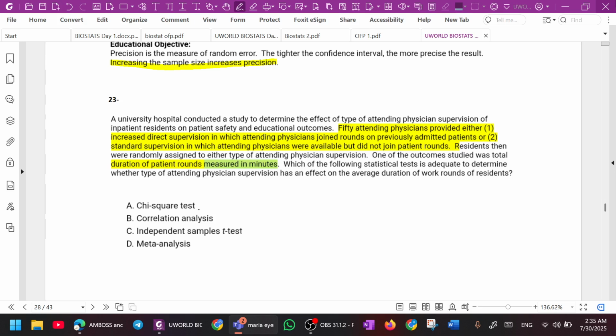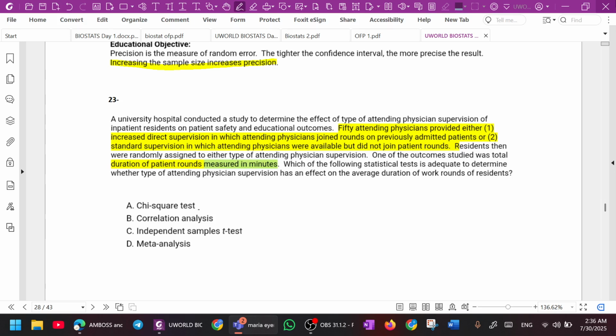Let me check before I give you the wrong answer. Yeah, it's t-test. So remember, correlation analysis: both groups have to be numbers. Chi-square: both groups have to be categorical.